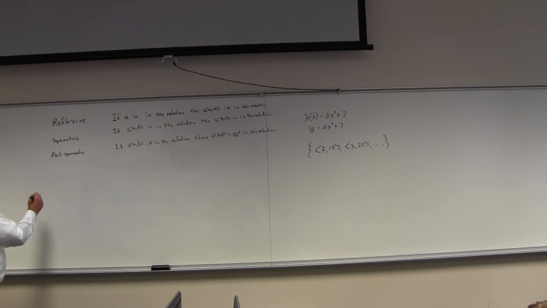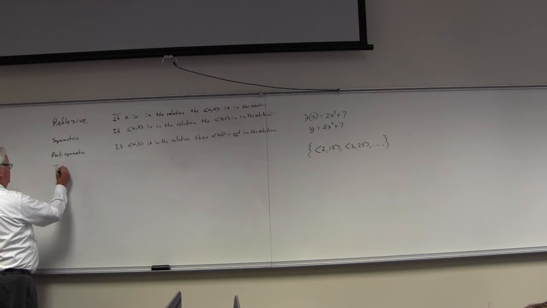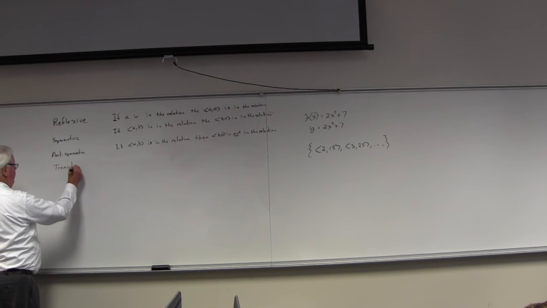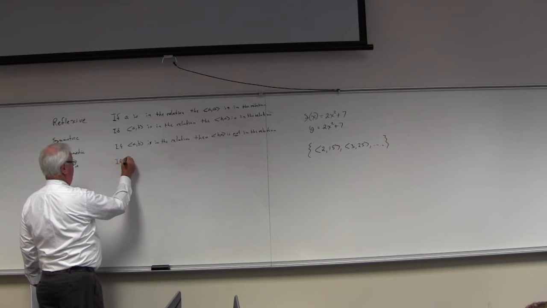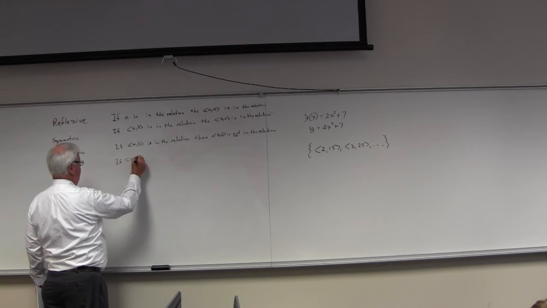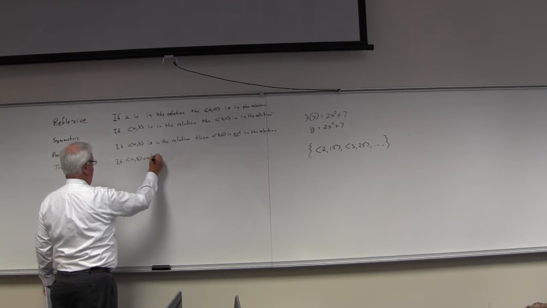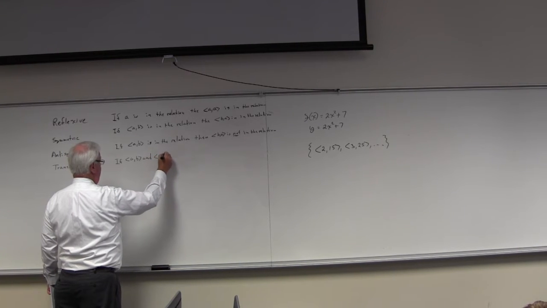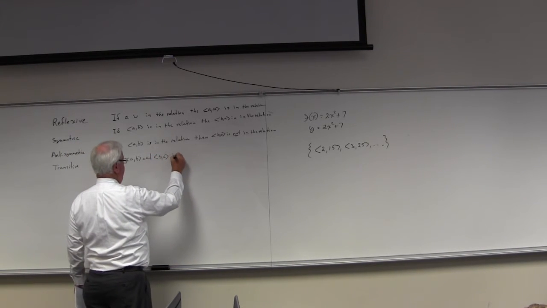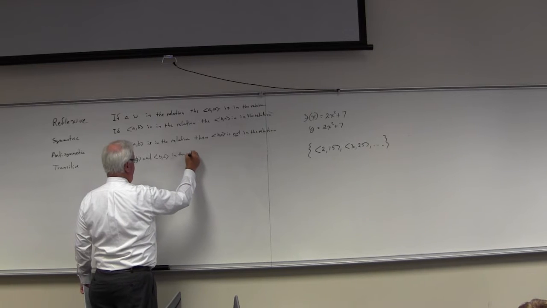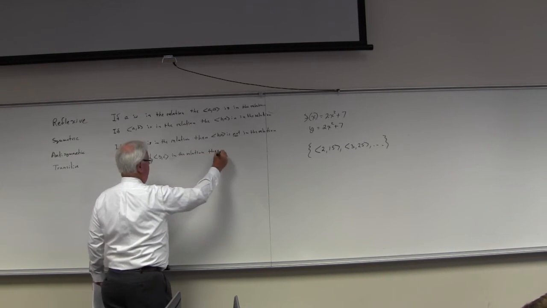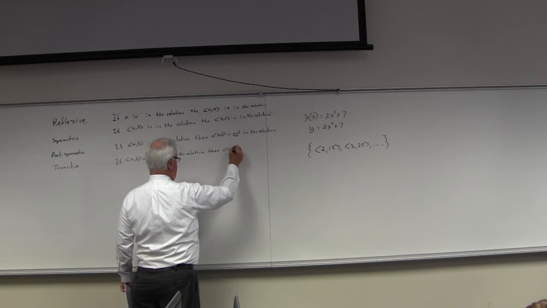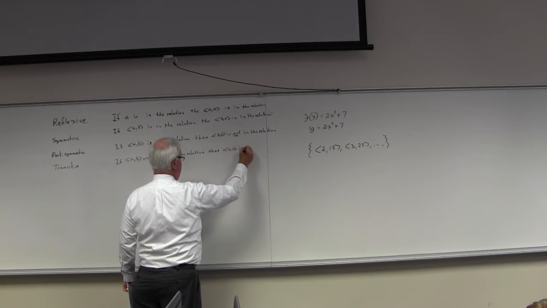And lastly, we're going to talk about is transitive. And transitive says if you have AB and BC in the relation, then AC is in the relation.